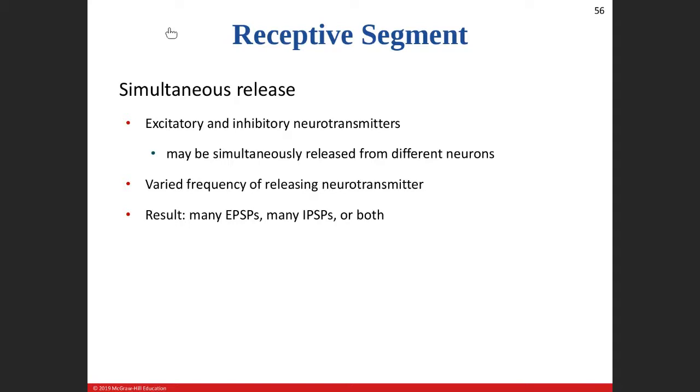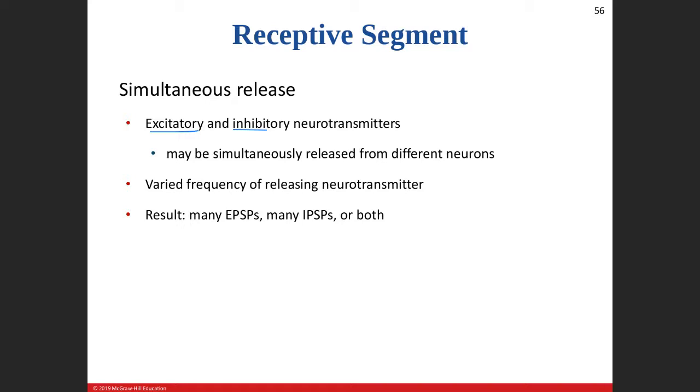This is what I wanted to talk to you about. All this stuff can happen at the same time. You can have excitatory presynaptic neurons and inhibitory presynaptic neurons both releasing their excitatory and inhibitory neurotransmitters onto that postsynaptic neuron.